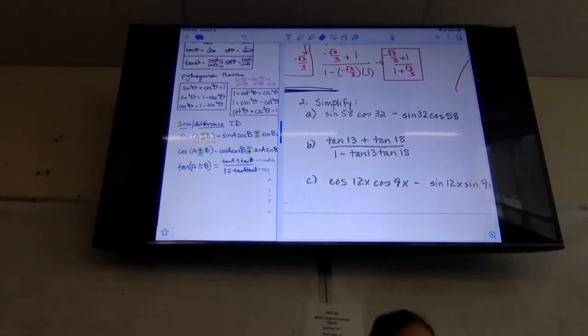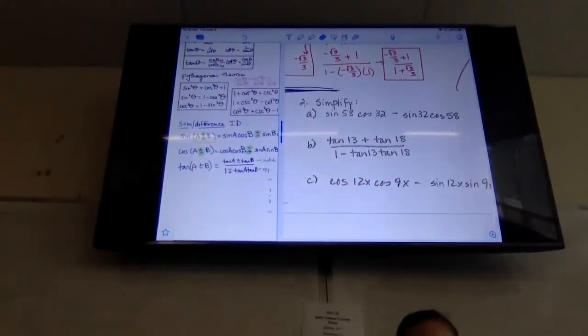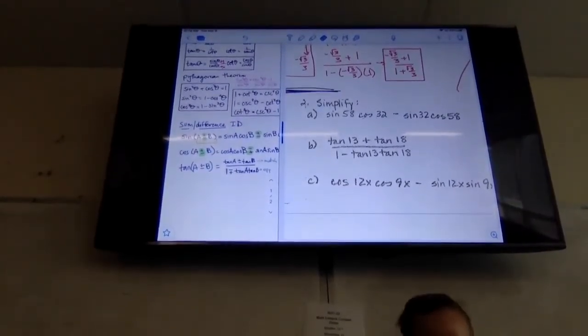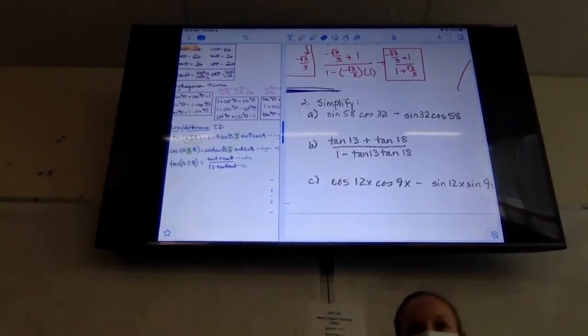So number 2A says sine of 58 cosine of 32 minus sine of 32 cosine of 58. So I'm going to my identity sheet and I'm seeing which one looks like that. The only one that looks like that is the one that has sine times cosine and then sine times cosine, which is the first one.